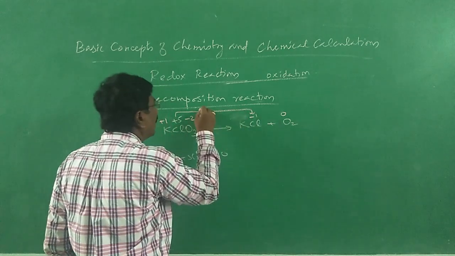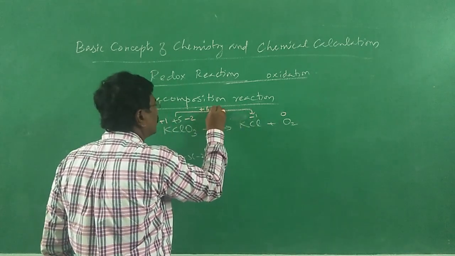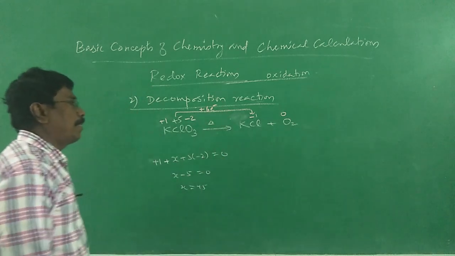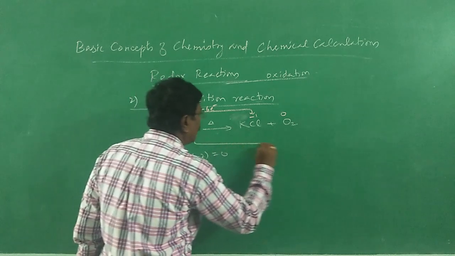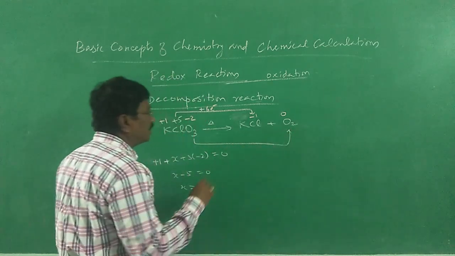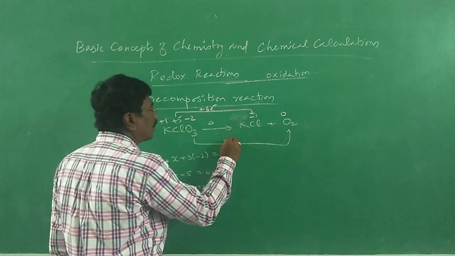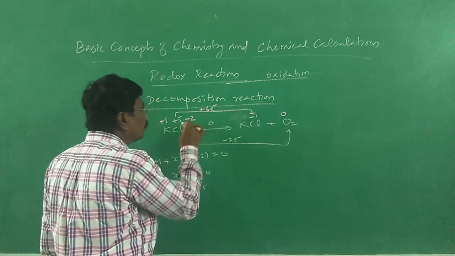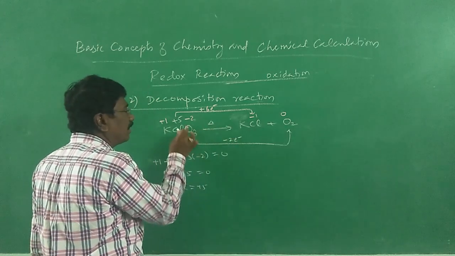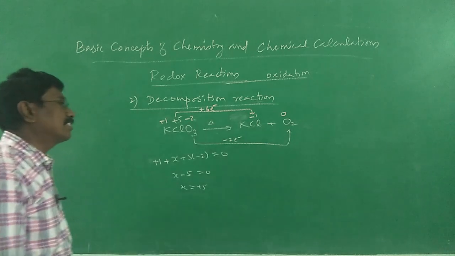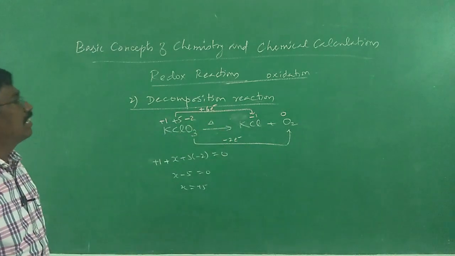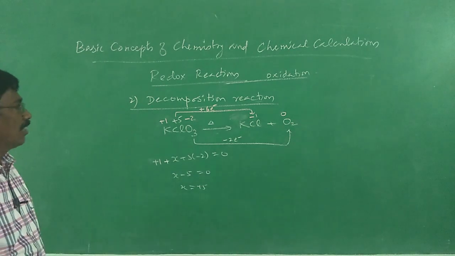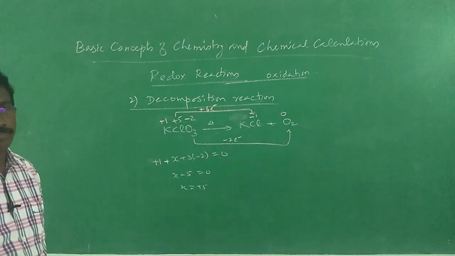How? By gain of 6 electrons. It has gained 6 electrons. Oxygen from -2 oxidation state is oxidized to 0. Its oxidation number gets increased. Each oxygen is losing 2 electrons. 3 oxygen, therefore 3 into 2, totally 6 electrons. Therefore, an equal number of electrons are gained and lost. It is a decomposition reaction of redox type.